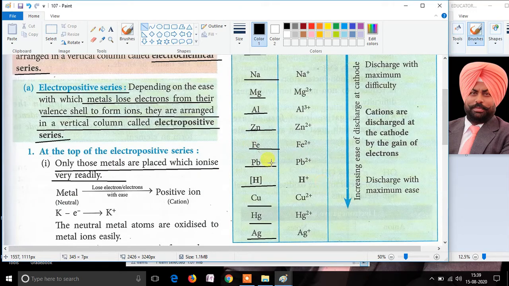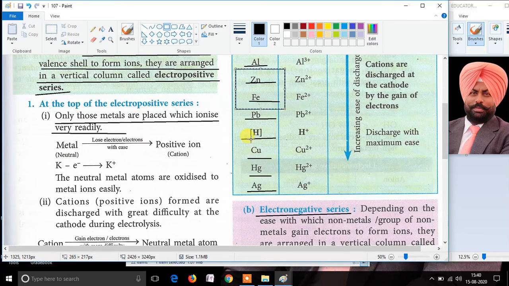Taking the example of zinc and iron again, let's understand here. Zinc forms the ions readily but does not migrate towards cathode or anode easily, whereas iron doesn't form the ions readily, but if iron forms the ions, it will migrate easily towards anode and cathode.